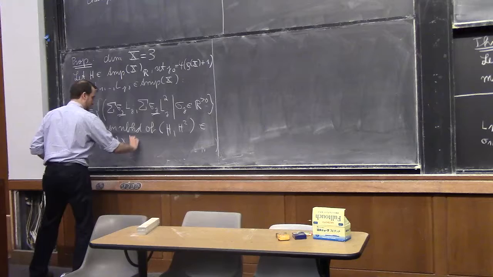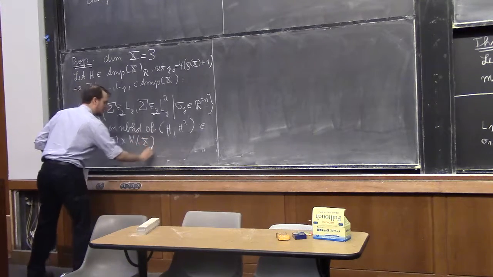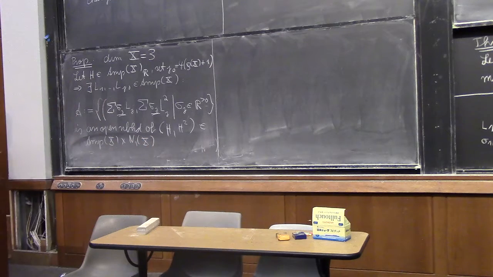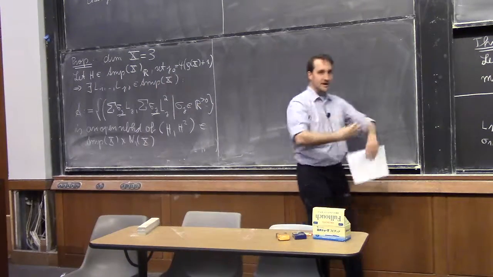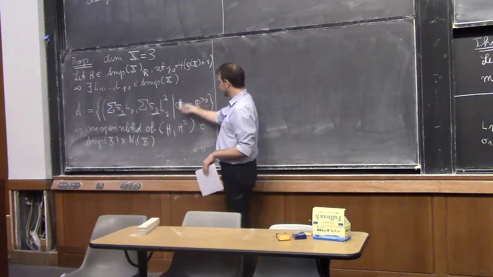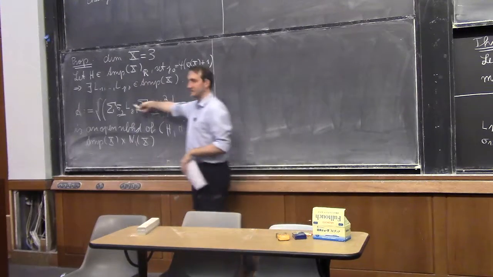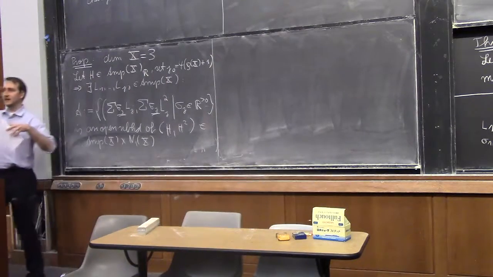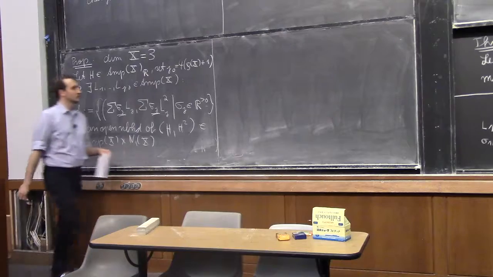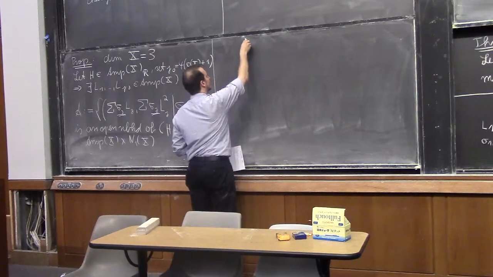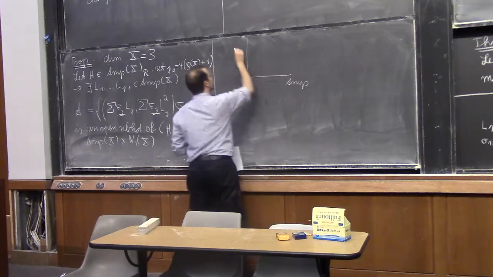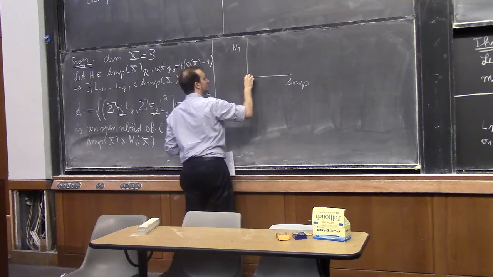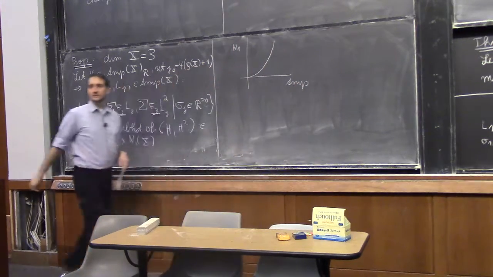times this space N1. Yeah? So this means, if I'm allowed to vary this, and I have enough bundles, I cover enough classes. So let me draw a picture somehow. Okay, here is the ample cone, and then N1, and then it really looks sort of like this.